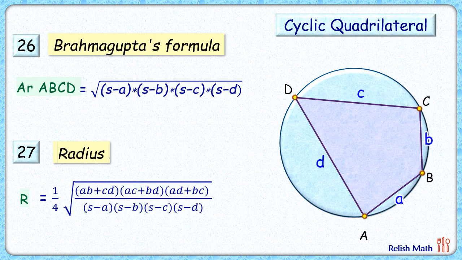The denominator is easy to remember, and in the numerator, side A is first multiplied with B, then with C and then with D, and the remaining sides' products are added. So it is easy to remember, very rarely used, but it's a good formula if you are preparing for competitive exams. Let's check the next theorem.